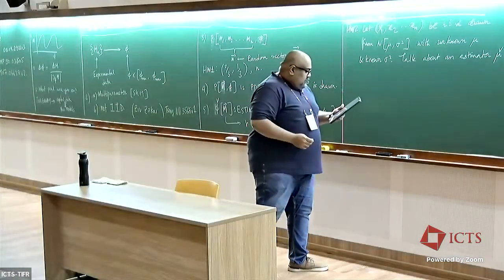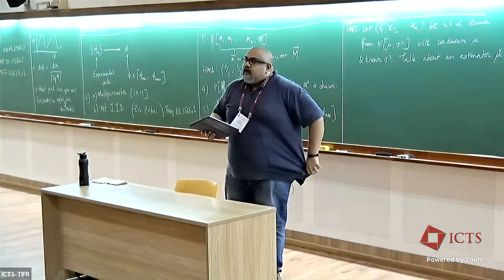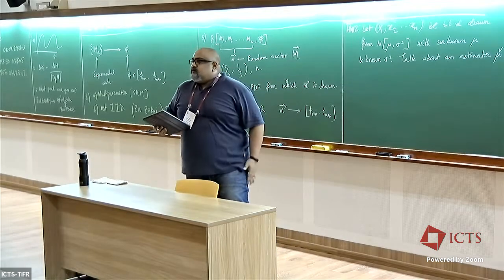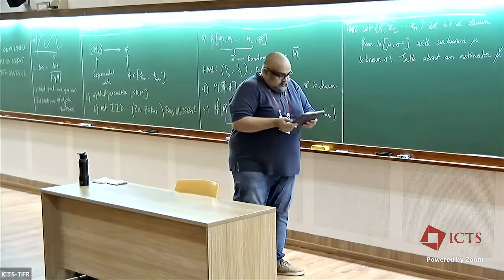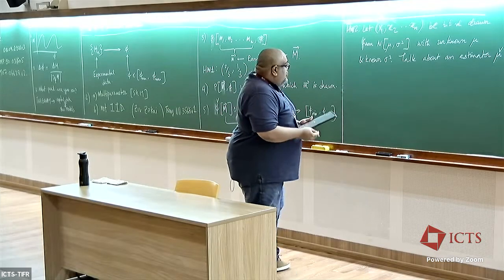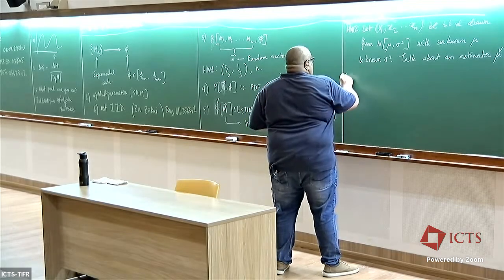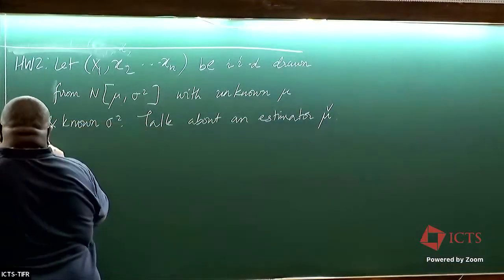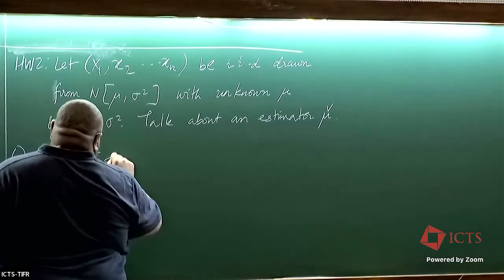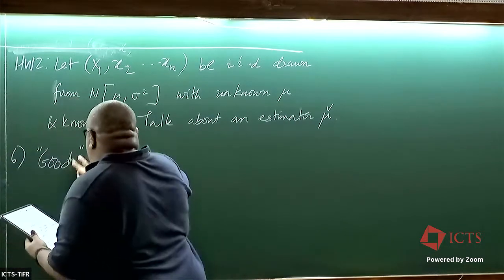So yeah, I was going to give you a hint: try and take the mean of this, and then try and work out if that works. Try and take the mean of the finite size sample that is given to you, yeah? Okay. So with this, let me make a point, which is that a good estimator should have the following property, which I'll write down, and then we can see what it means.